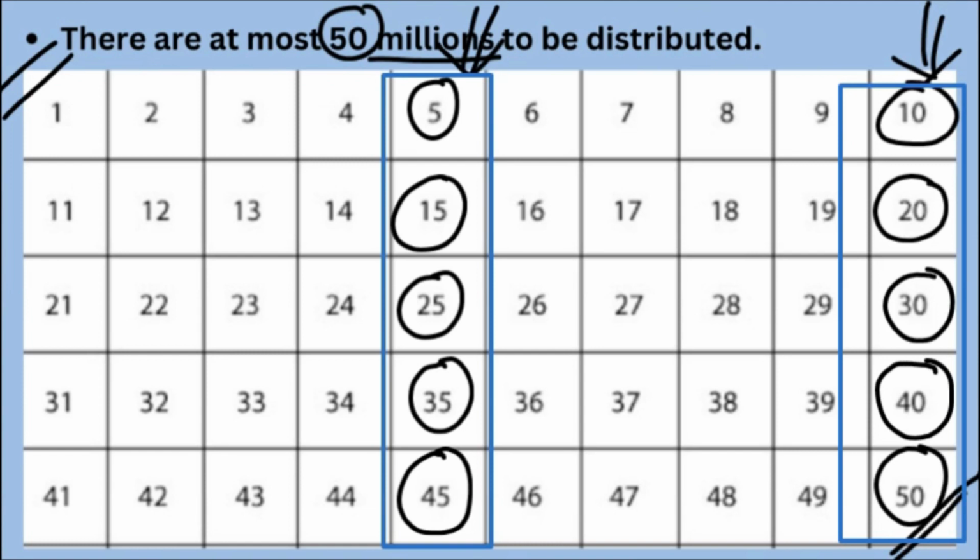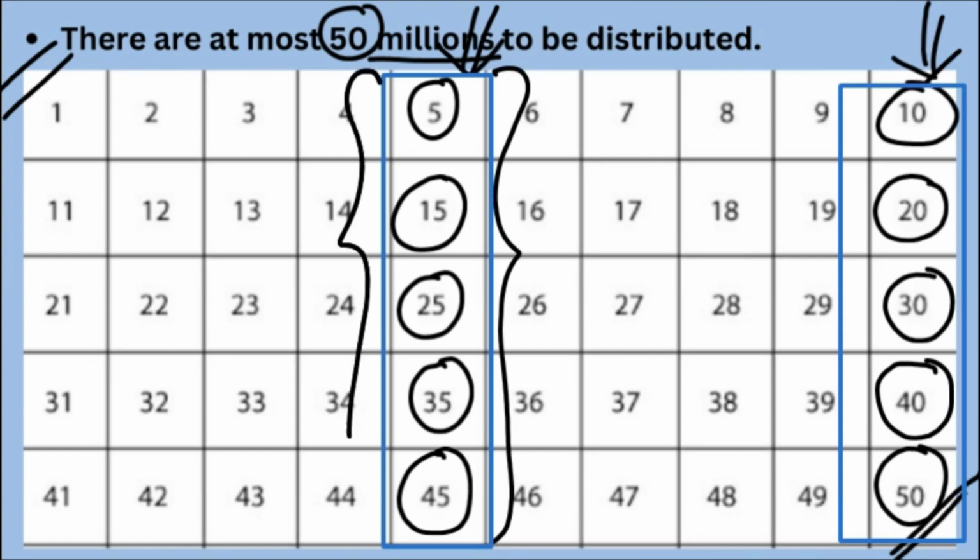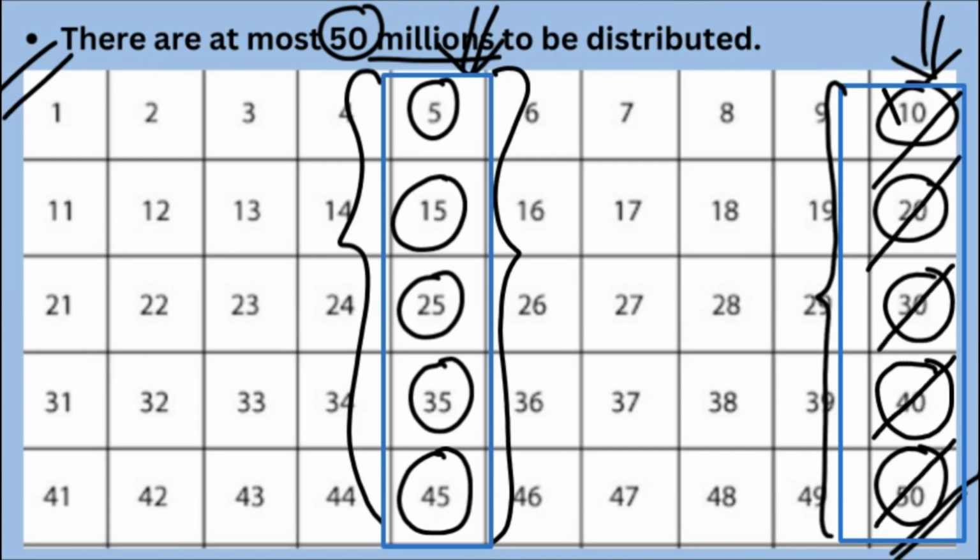In this column we can keep all of them because they are odd, but the other column has only even numbers. 10 is even, so strike it off. 20, 30, 40, 50 are all gone because all of them are even. So we keep only the odd numbers.